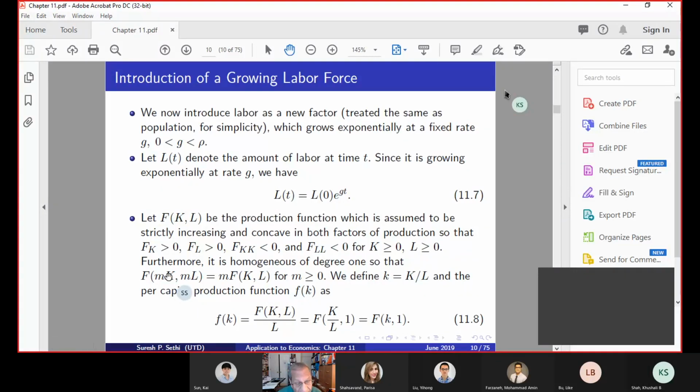Suppose I have a factory which has a capital K and a labor L, then that factory is producing this amount. So I can start another factory with the same K and same L, it'll produce this amount. So now I have 2 times F(K, L). So if I have 2 factories, I have 2 times F(K, L). So this is called the homogeneous degree of 1.